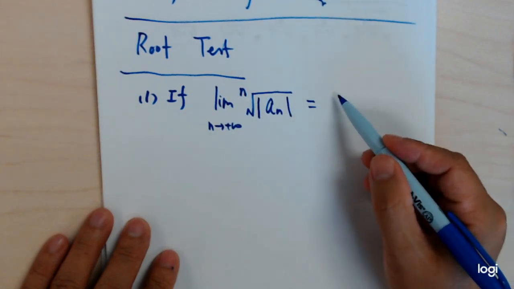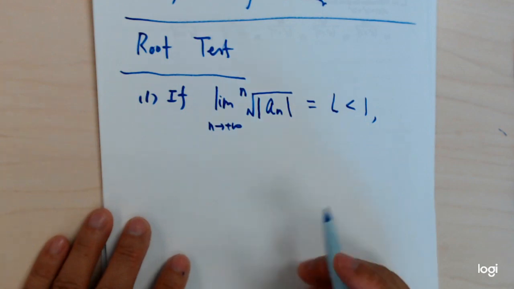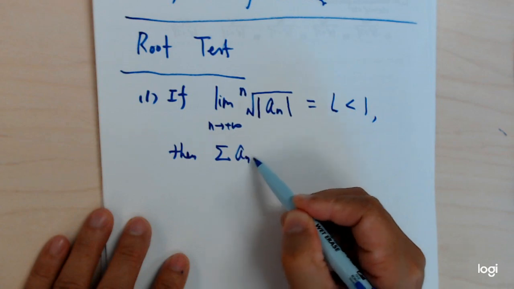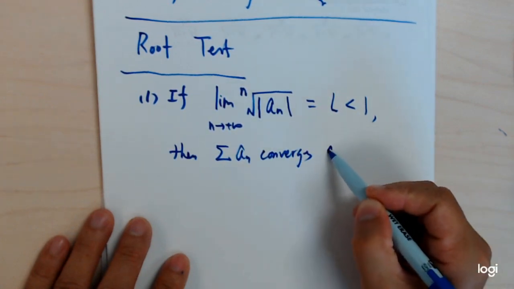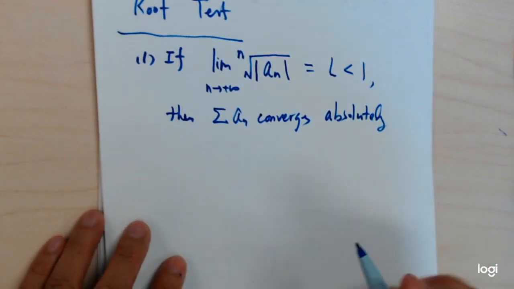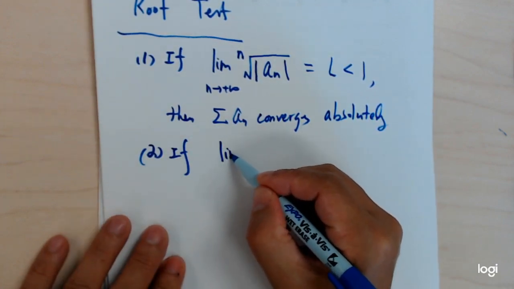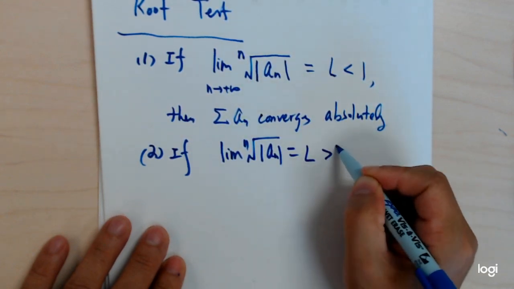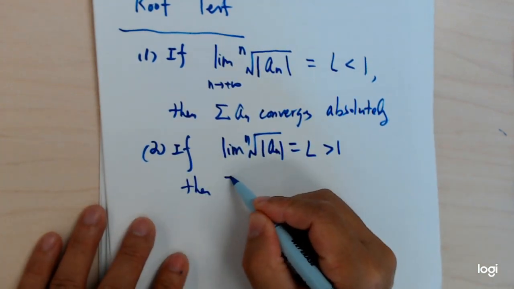Number 1, if this limit turns out to be some number that's less than 1, very similar to the ratio test, the conclusion is the series converges absolutely. Number 2, if it's bigger than 1, then it diverges.